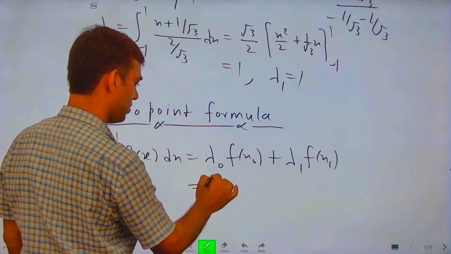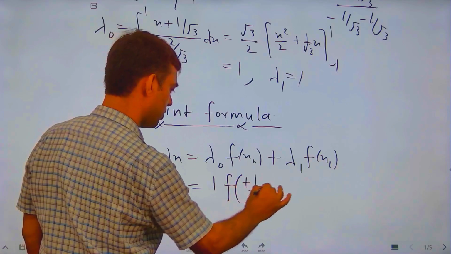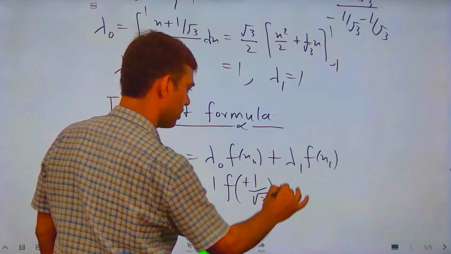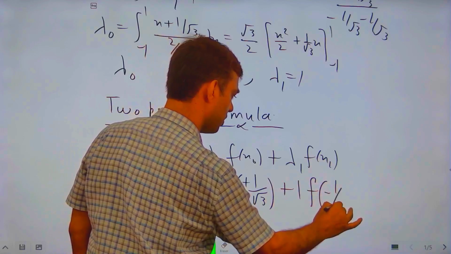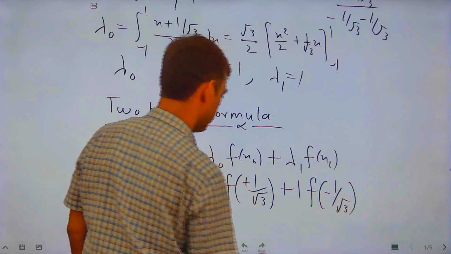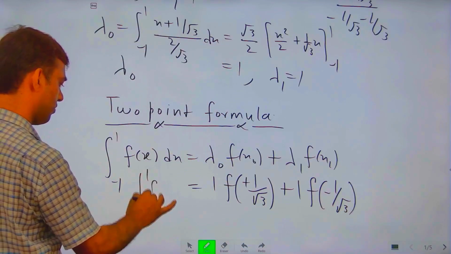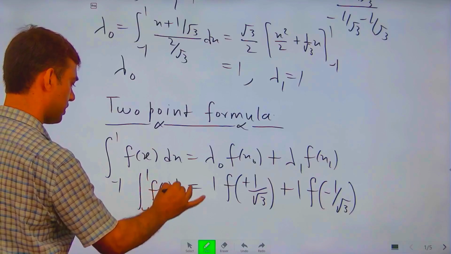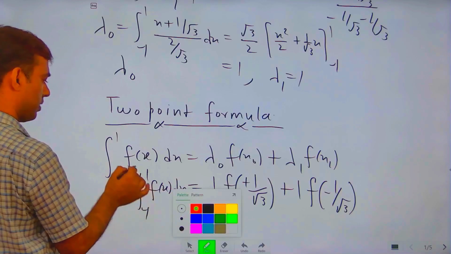So, lambda 0 is 1, with f of plus 1 upon under root 3, plus lambda 1 is 1, with f of minus 1 upon under root 3. This is the 2-point formula.